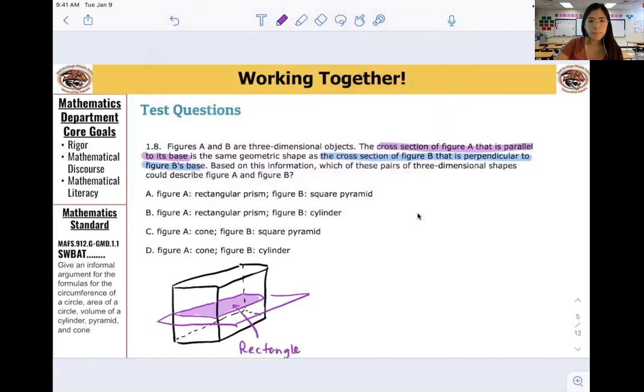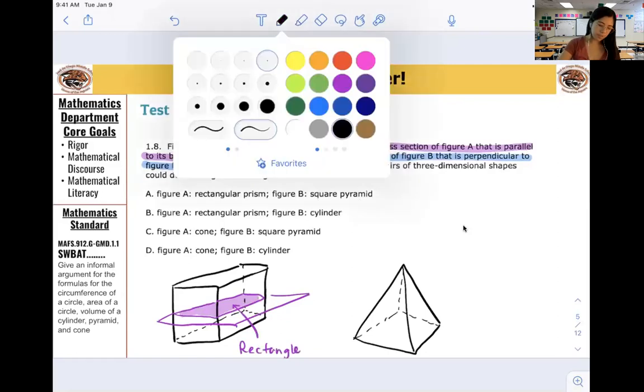Then square pyramid. Hold on, let me do it better. Square pyramid, cutting it perpendicular to the base.